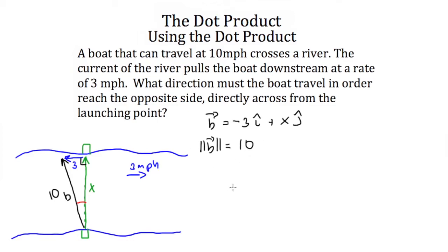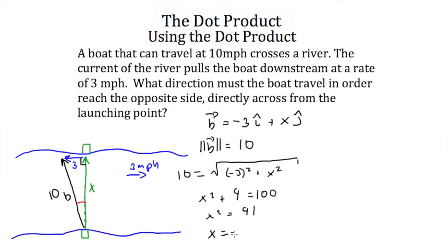When you find the magnitude, you take the square root of the x direction, negative 3 squared, plus the y direction, x squared. And we know the magnitude is equal to 10. Square both sides, I'll get x squared plus 9 is equal to 100. x squared is equal to 91, and x is equal to the square root of 91, which is about 9.54. So our boat is traveling in the y direction at 9.54 miles per hour.